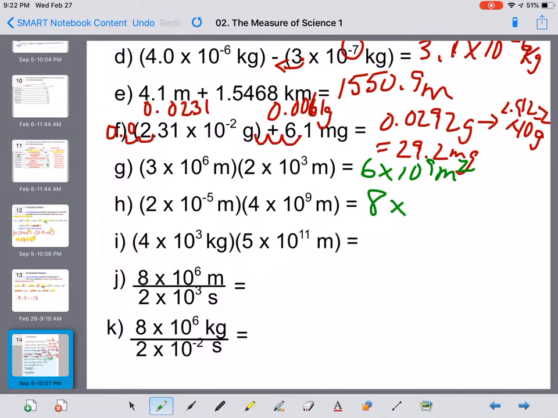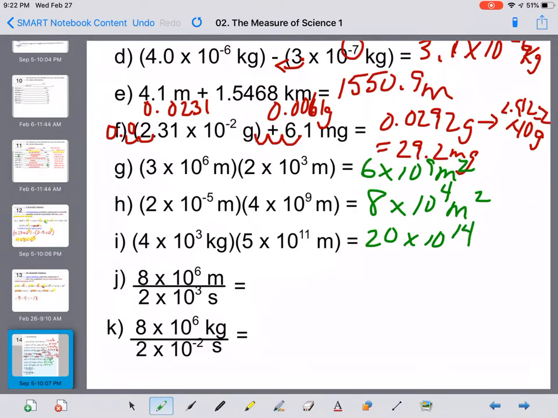And then I've got times 10, now minus 5, plus 9. I'm going to get my positive 4 times 10 to the 4, again, meters squared. The next part, in I, 4 times 5 gives me 20, and it's 20 times 10 to the 14.